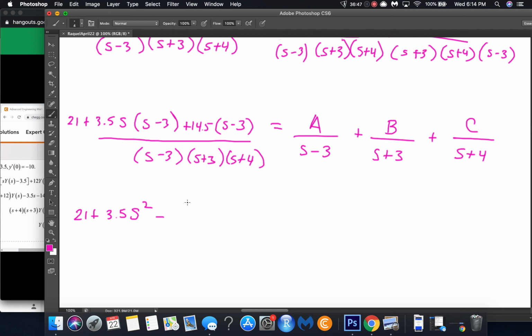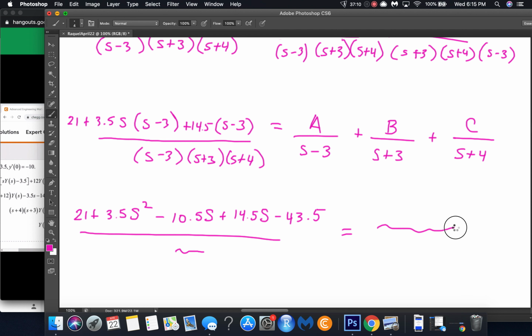It's 10.5, so negative 10.5 s plus 14.5 s minus 3 times 14.5, that's 43.5. Okay? And then that's equal to the decomposition side.